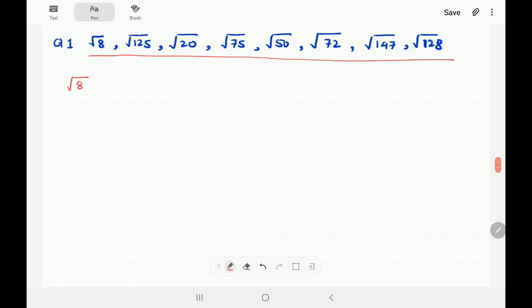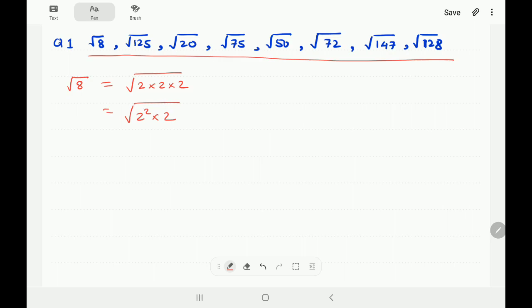Root 8. Simple number, simple question. What is root 8? If I factorize 8, 2 4s are 8, 2 2s are 4, 2 1s are 2. So this is 2 into 2 into 2, which is equal to 2 square into 2.